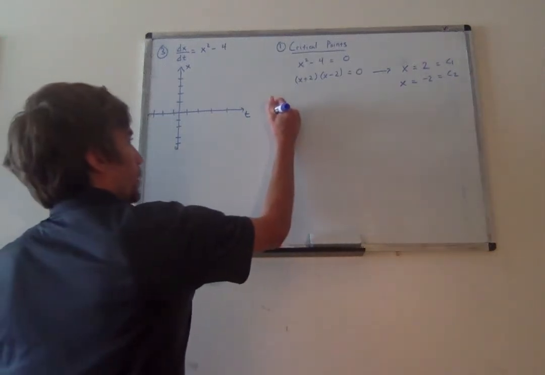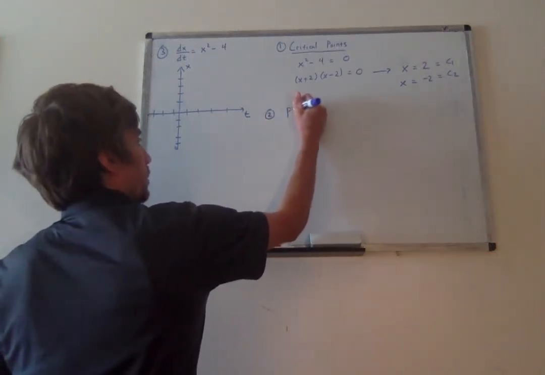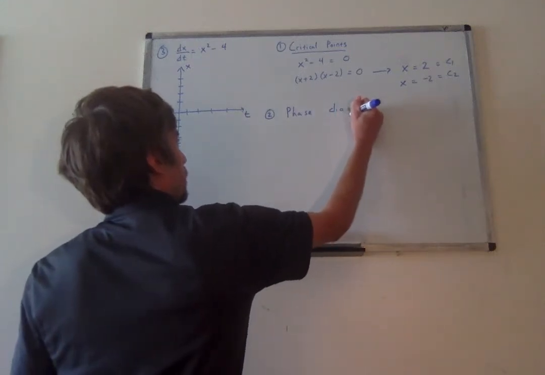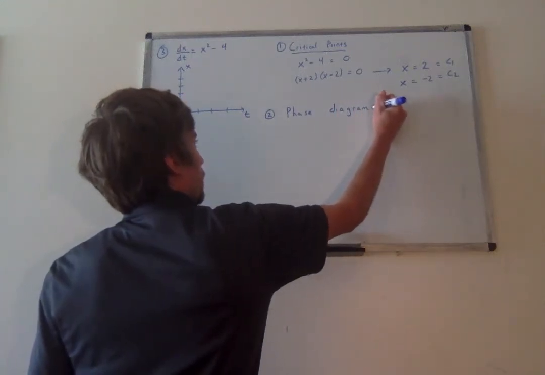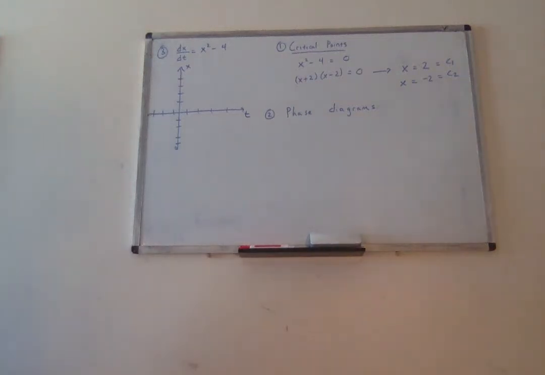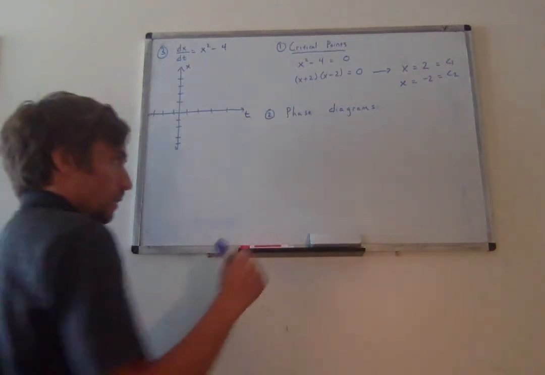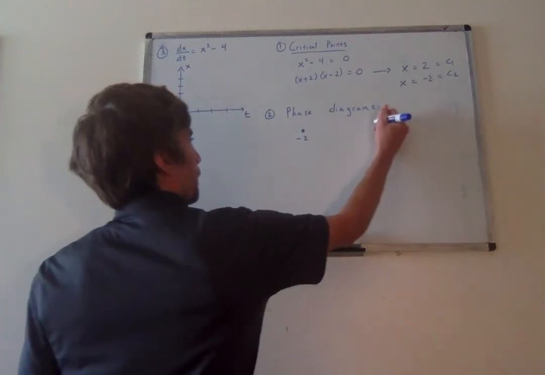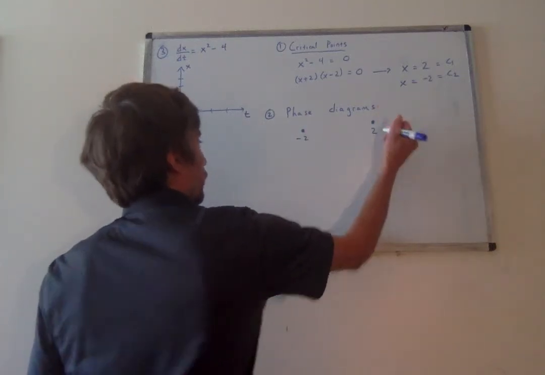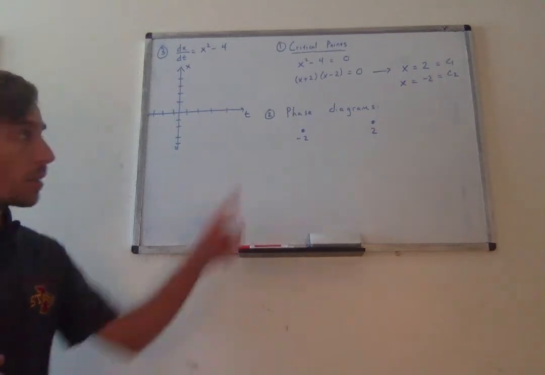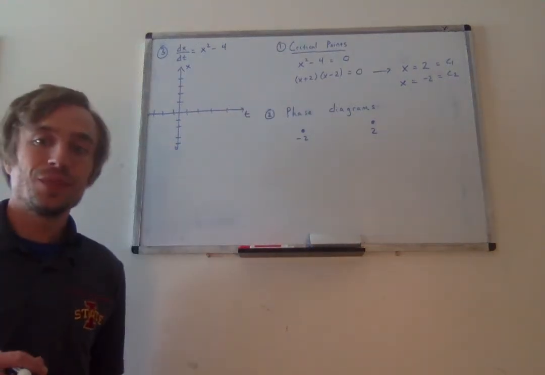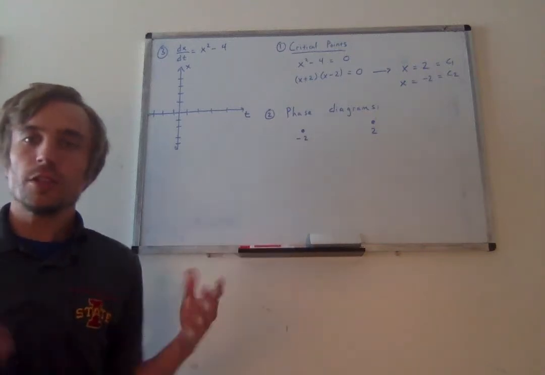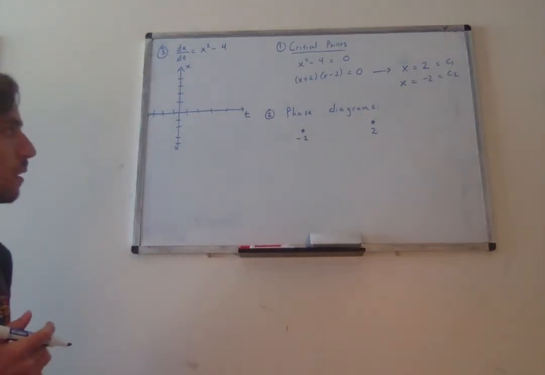So next we want to draw phase diagrams to verify that the solutions we got are correct. Well, not correct. We want to verify that these points are either stable or unstable.